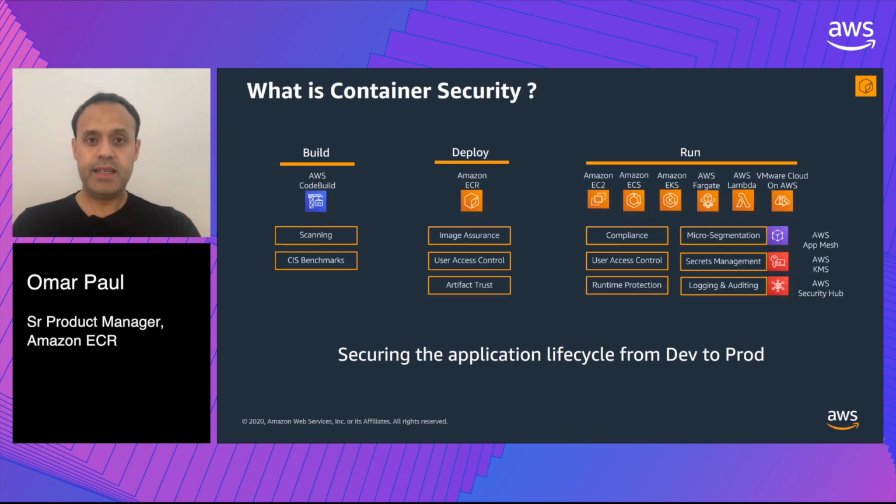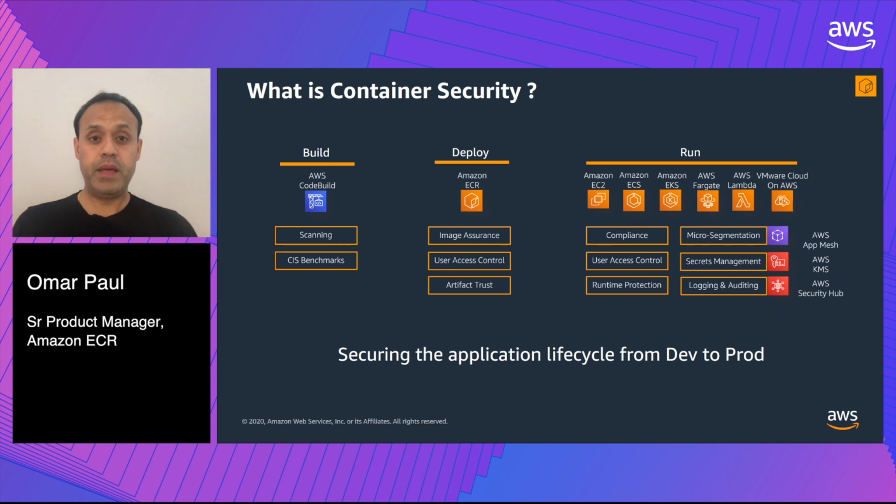Okay. That being said, let's talk about container security, maybe end-to-end. What is it? We like to think of container security as securing your application lifecycle from dev through prod, right? This is very much a software supply chain concept, and a registry like ECR plays a part in it. However, as the last step before you deploy something into production, it is the final place at which you can catch vulnerability before you go live with it, right?